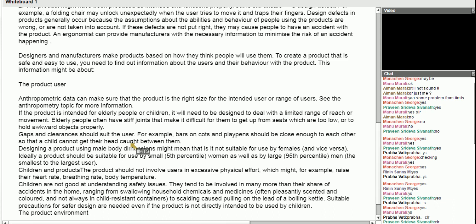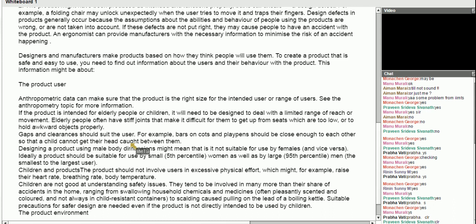If the product is intended for elderly people or children, it will need to be designed to deal with a limited range of reach or movement. Elderly people often have stiff joints that make it difficult for them to get up from seats which are too low or to hold awkward objects properly.